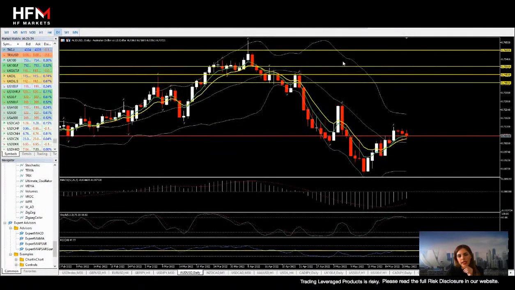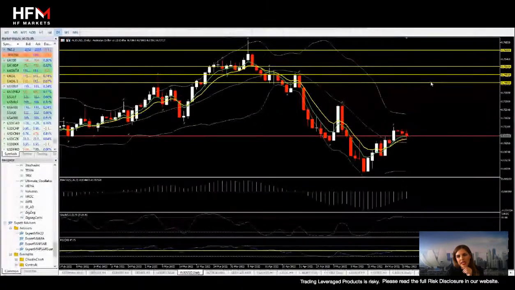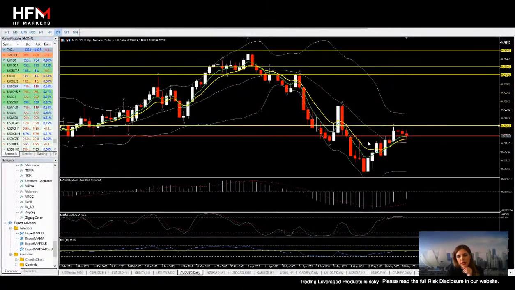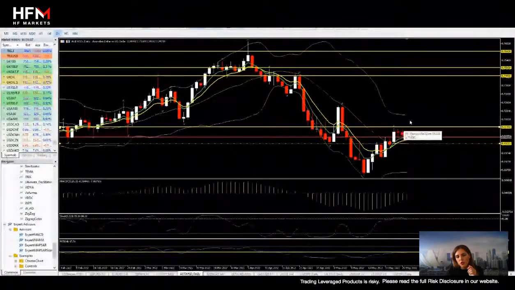Let's start with the daily. A bit of a struggle the last 4 days to extend gains. Negative momentum remains the case overall in the long term. So what is key right now is to figure out whether it will get back. For the time being, it's consolidating.